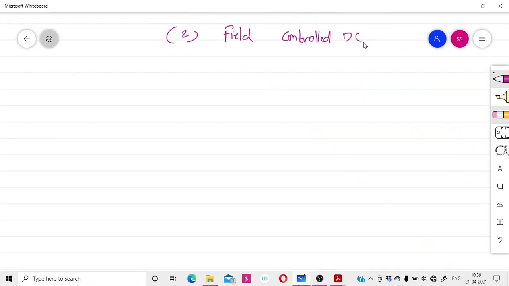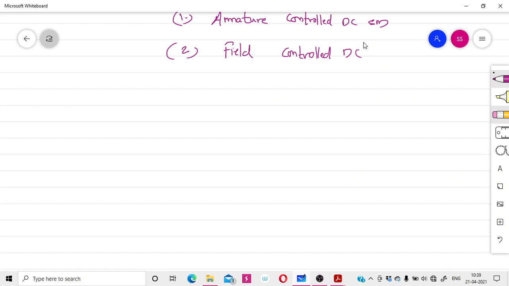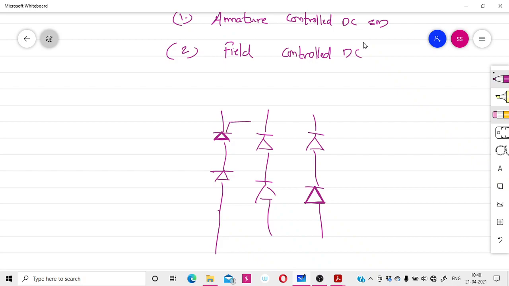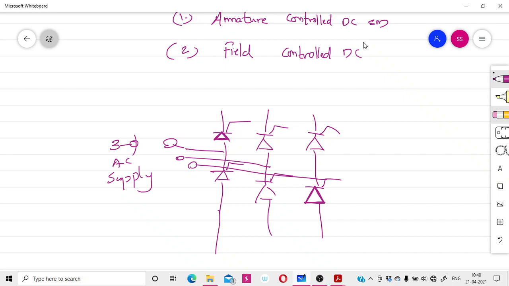In order to produce a 200 volt DC supply, we will have a three phase thyristor bridge rectifier, and we are giving the available three phase AC supply to this bridge.